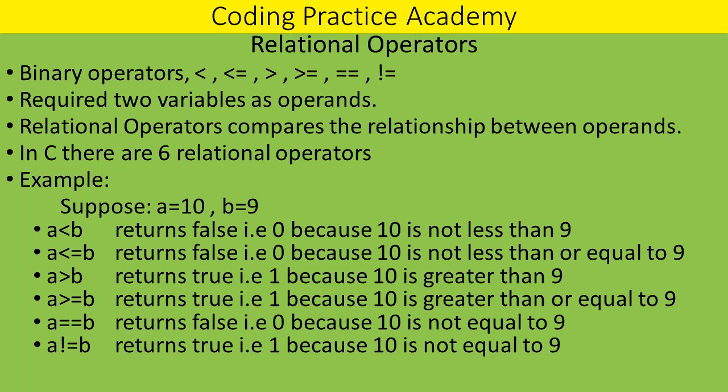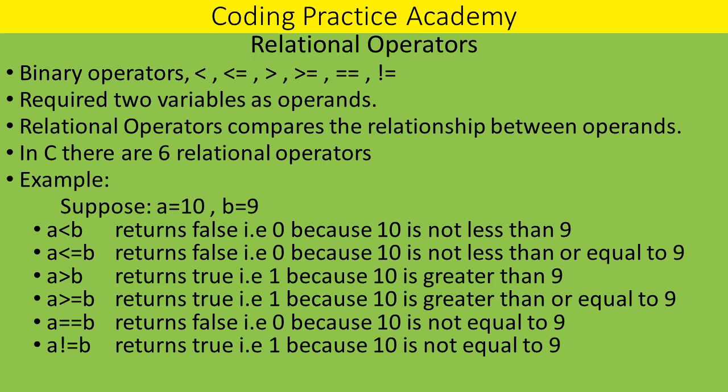These symbols are used to compare the relationship between operands. Symbols here represent the operators. For example, consider A and B as two operands where 10 is assigned to A and 9 is assigned to B. Now suppose we apply the relational operator is less than between A and B, what will be the output?